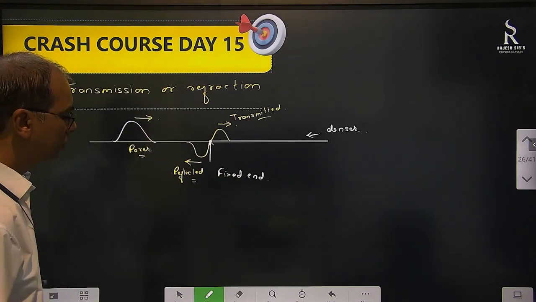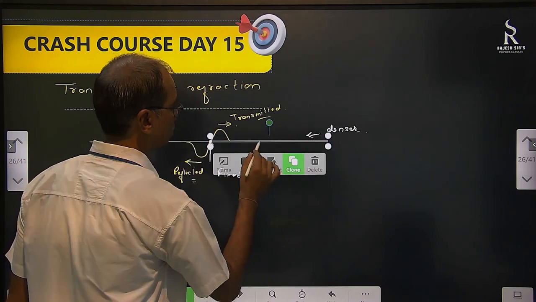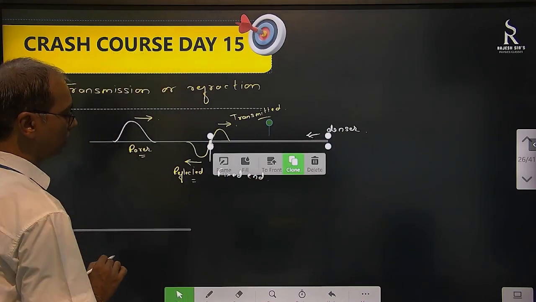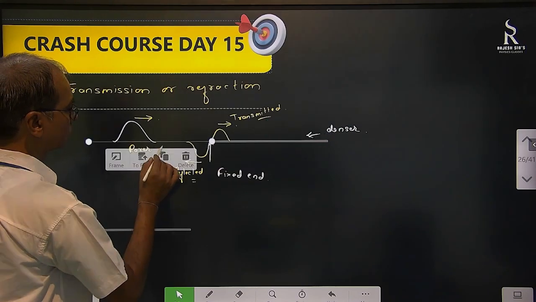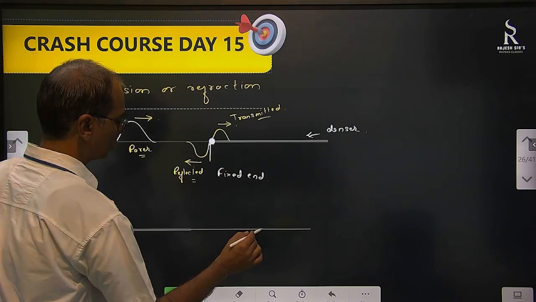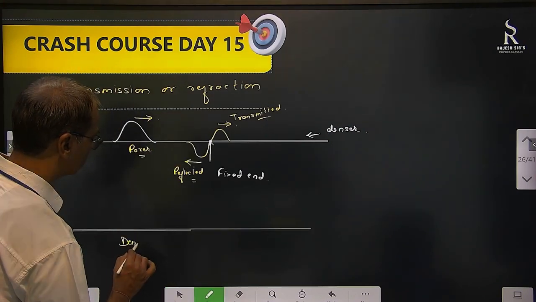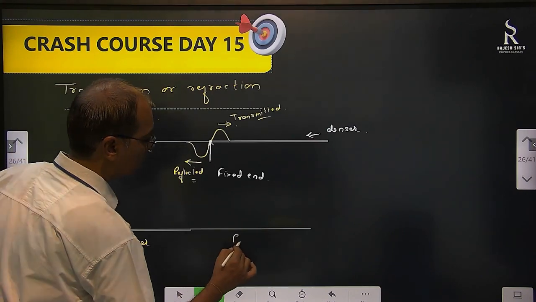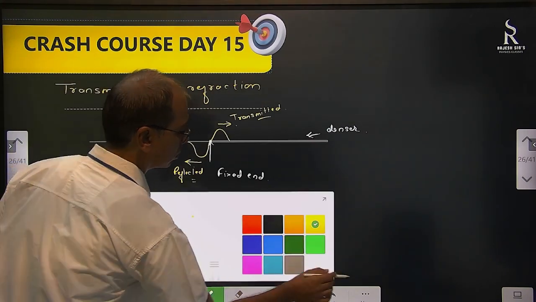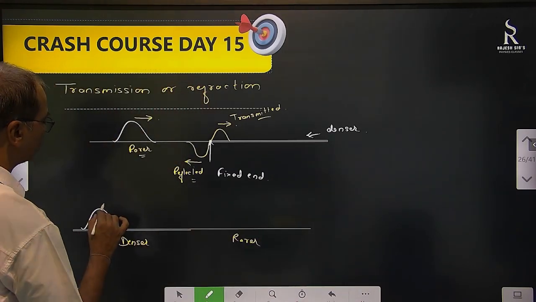Now the opposite of that. It's moving from denser to rarer medium. This is denser and this is rarer. Then this is your incident wave, coming like this.